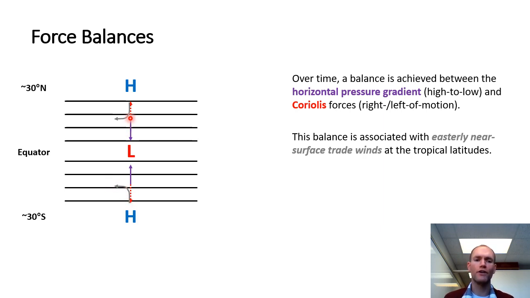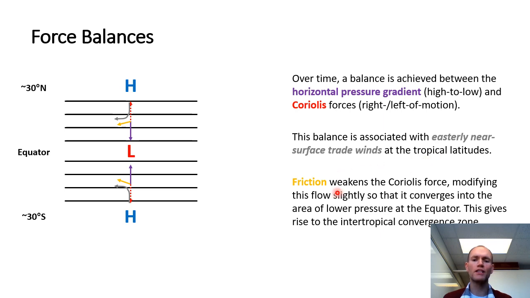So you'd get a flow directed from east to west here, with the Coriolis 90 degrees to the right and the pressure gradient 90 degrees to the left under the constraint of geostrophic balance. Likewise, in the southern hemisphere, a flow from east to west, the pressure gradient force 90 degrees to the right, Coriolis force 90 degrees to the left under the constraint of geostrophic balance.